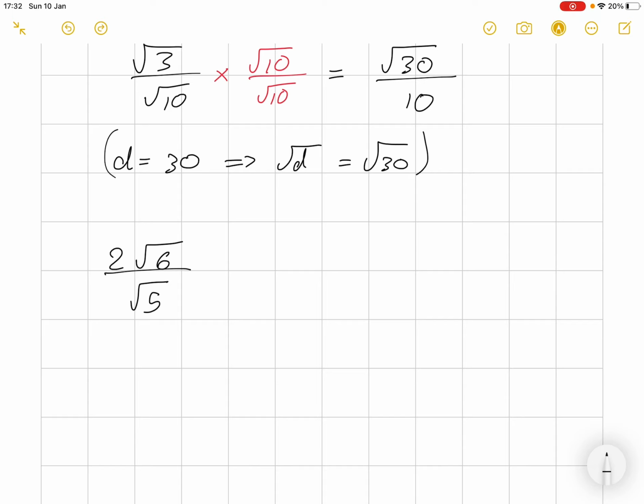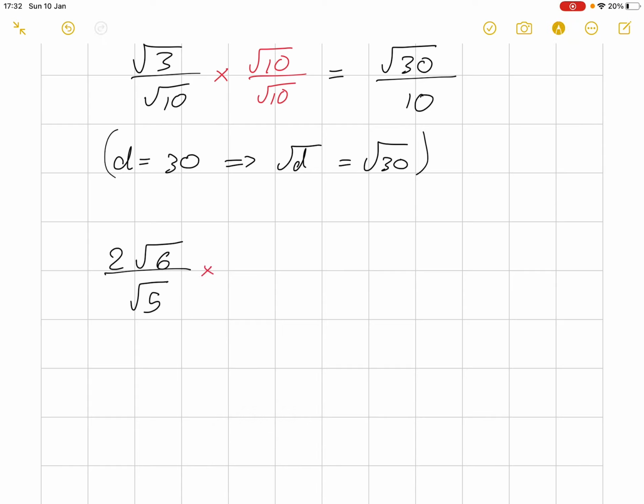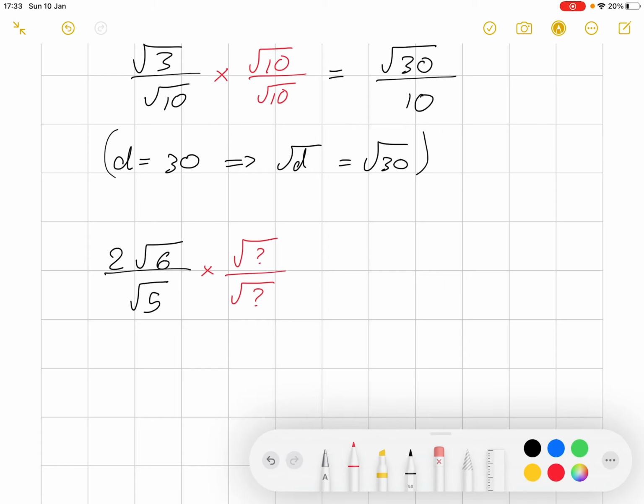We'll need to have this so that we'll be dividing by the square root of 100. So in other words, what do we multiply by, so that the square root of what times the square root of what will give us 100? Well, the square root of 5 times the square root of 20 will give us the square root of 100.